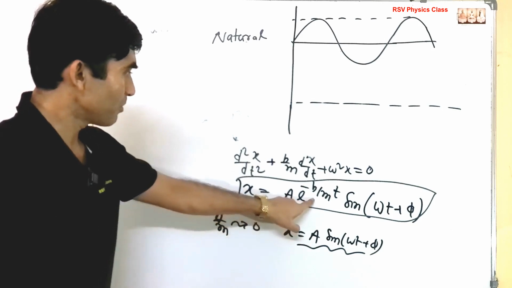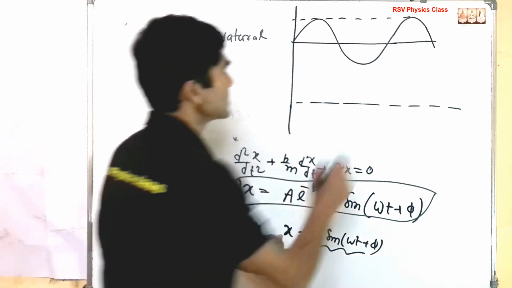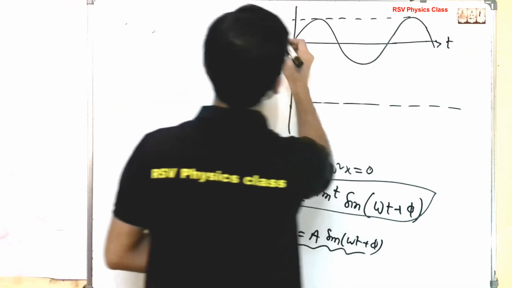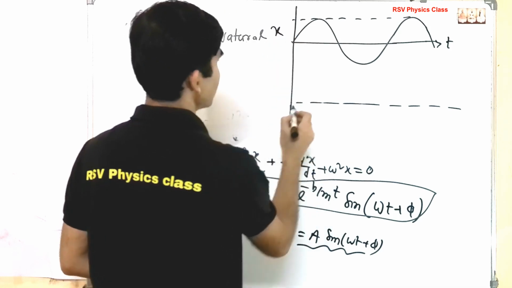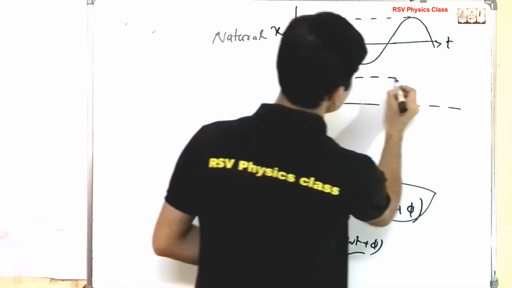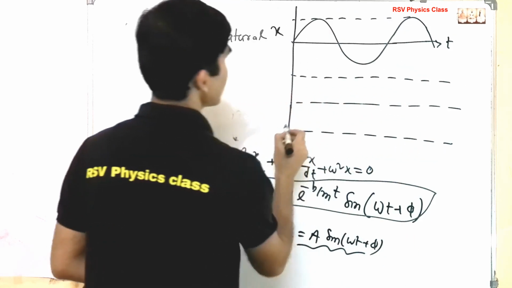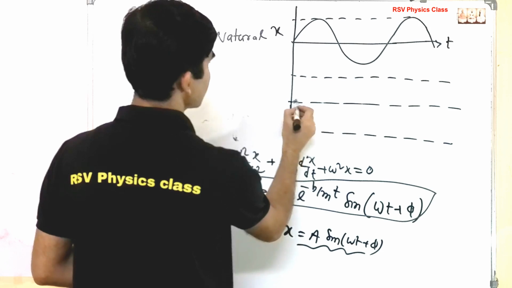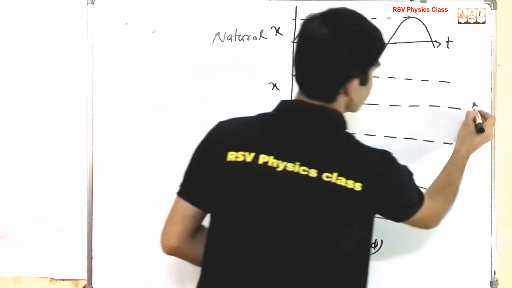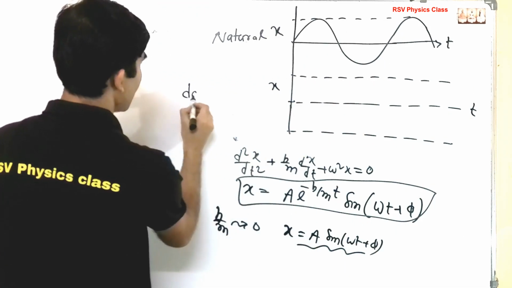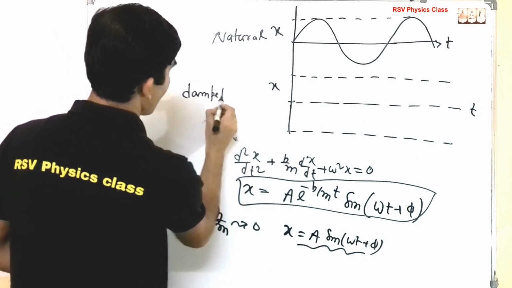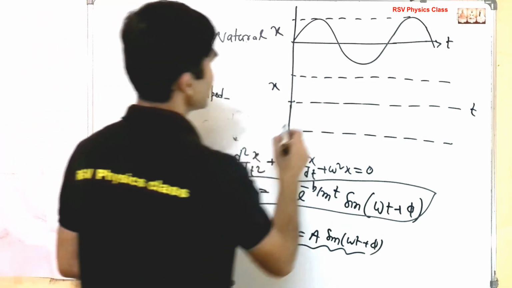amplitude a, but it is decreasing with time. This is the time equation. This is time and this is the amplitude x. And if this is maximum amplitude, so if this is your x and this is your t and here the case is damped, what will be here?